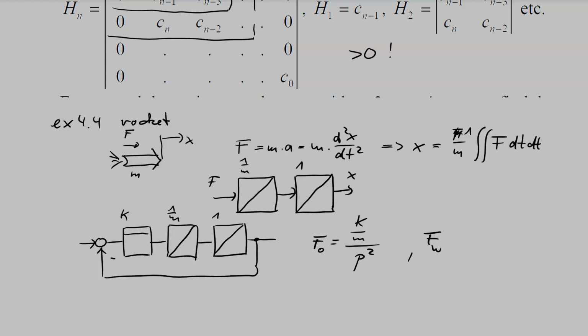The closed loop transfer function then is the open loop, k divided by m p squared, over 1 plus k divided by m p squared. And if I simplify this expression, then I get k divided by m over p squared plus k divided by m. This is a closed loop transfer function.